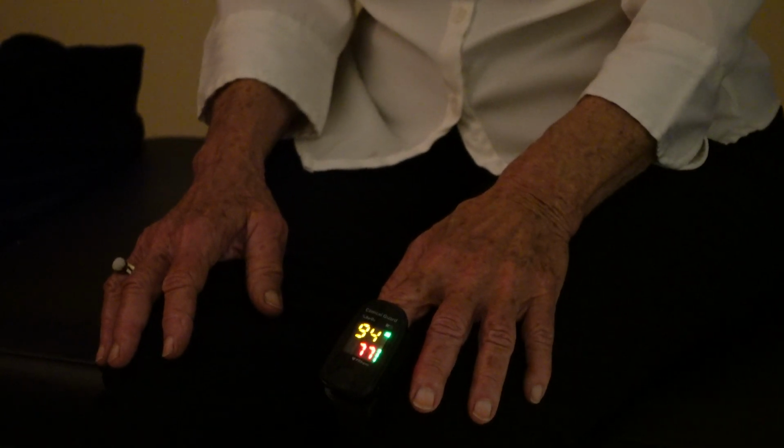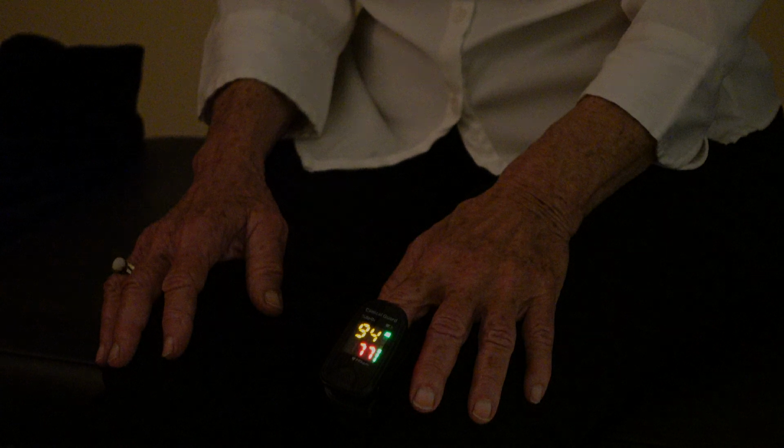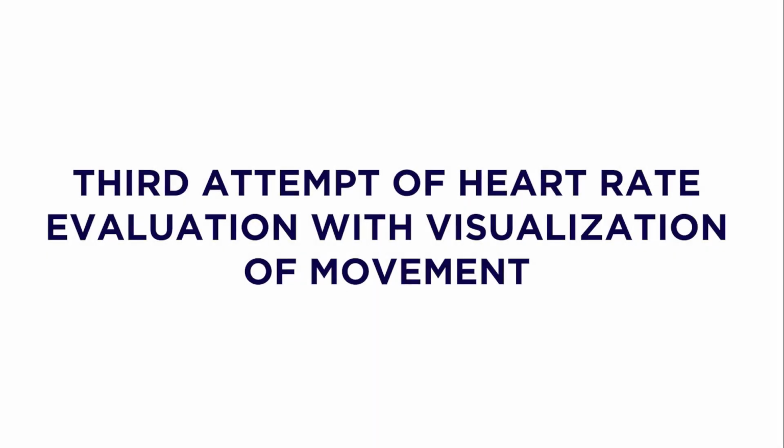So whenever you see something that's functionally abnormal, you always want to repeat it, make sure that it wasn't just some random response. So here we had a chance for her to rest in between the previous pulse oximeter testing. We do the test one more time, and once again, she visualizes moving to the right. You can see that heart rate go up.